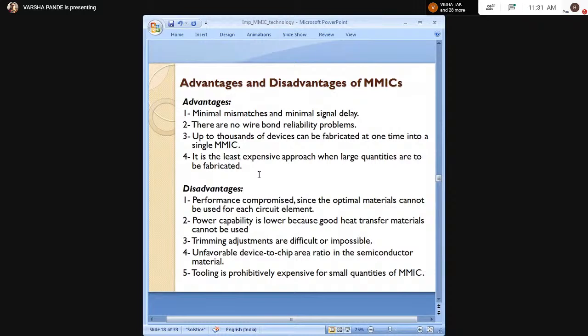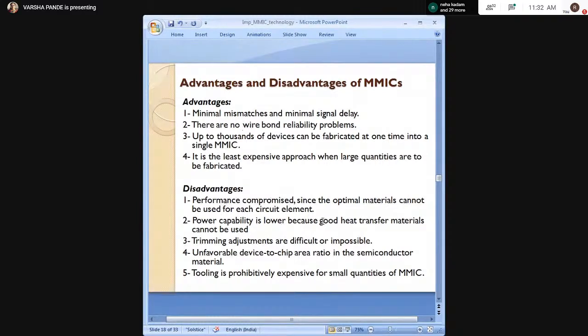It is possible to fabricate the same type of devices in thousands, and as it is mass produced, naturally the cost per device will be reduced. So that is the advantage.